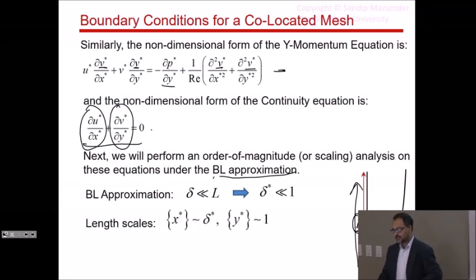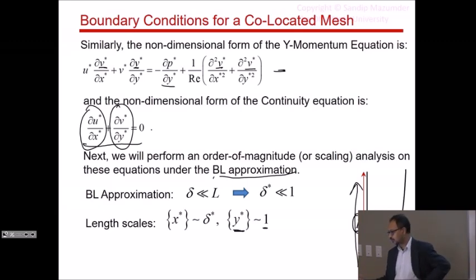Now, these curly brackets that you see indicate order of magnitude. Okay, so that's their interpretation. So when I say x star within curly brackets, it means a typical order of magnitude of x star. So for example, here I'm saying for y star, a typical order of magnitude is 1.